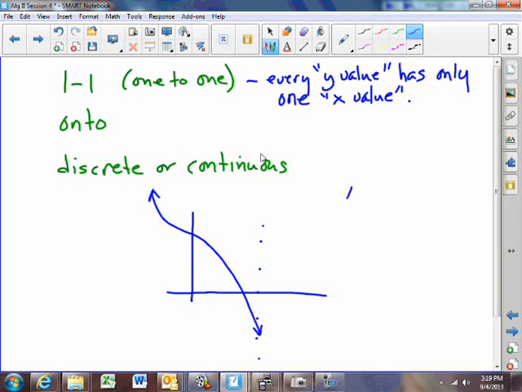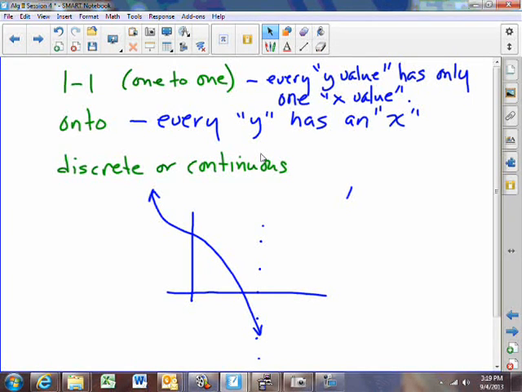So if every y has an x, then the graph is onto, or the function is onto.